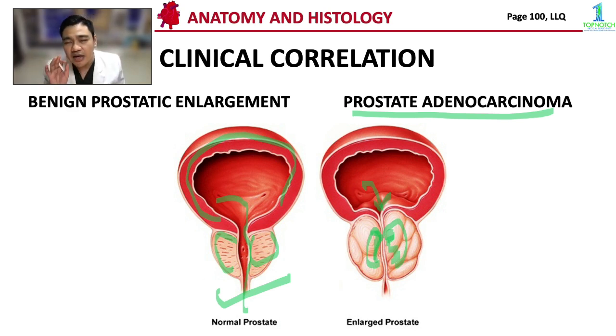So, yun lang yung small implication of the zoning of the prostate. Kailangan yung zones na lumaki are the zones close to the urethra to cause symptoms. Otherwise, the patient will still be voiding freely kahit 80 grams or 100 grams yung prostate niya.